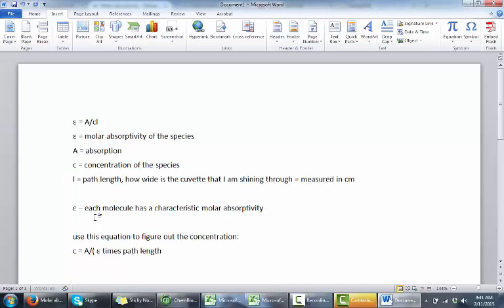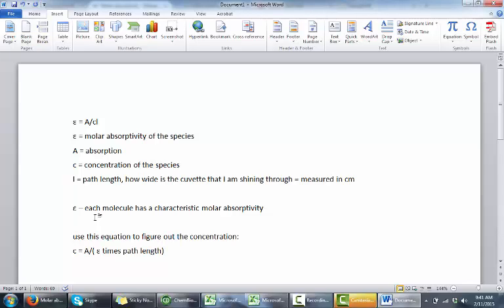So again, because each molecule has a characteristic molar absorptivity, I can measure the absorption of the molecule. I know the molar absorptivity. I know the path length, or the cuvette size that I'm using. I can use this to figure out the concentration of the species whose absorption I'm measuring.